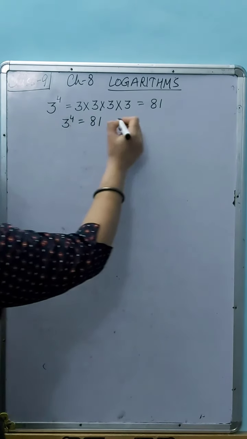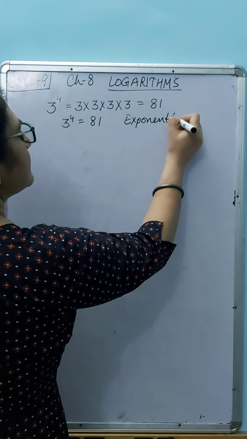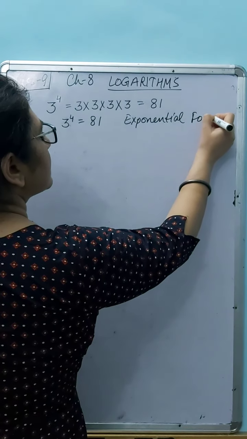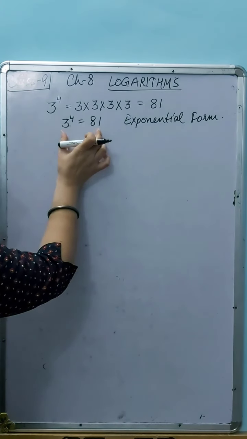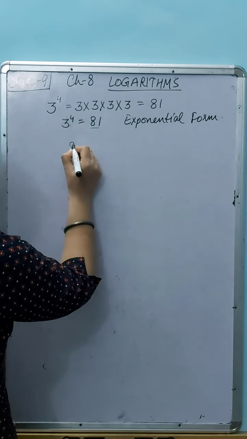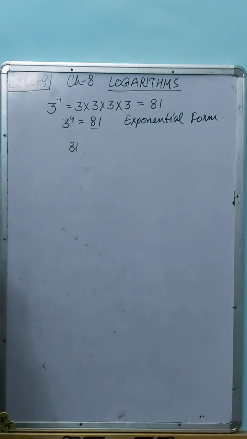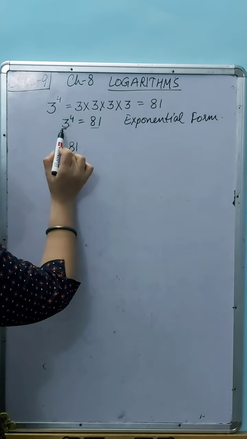This form is known as exponential form. Whenever we convert this into logarithm form, we keep the number 81 at the same place. This term is known as the base.